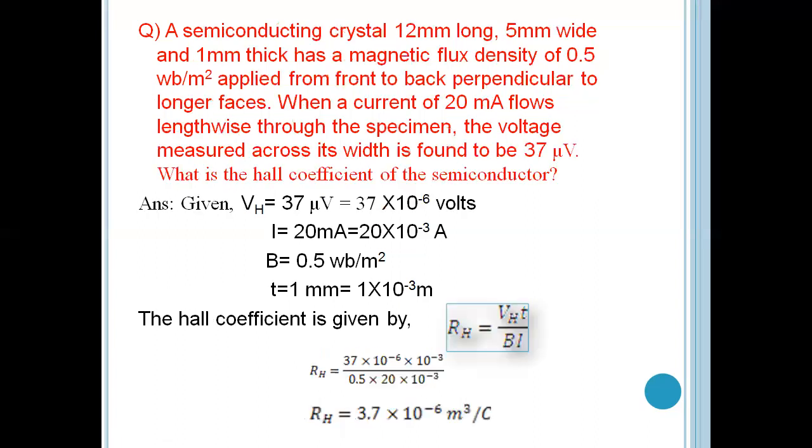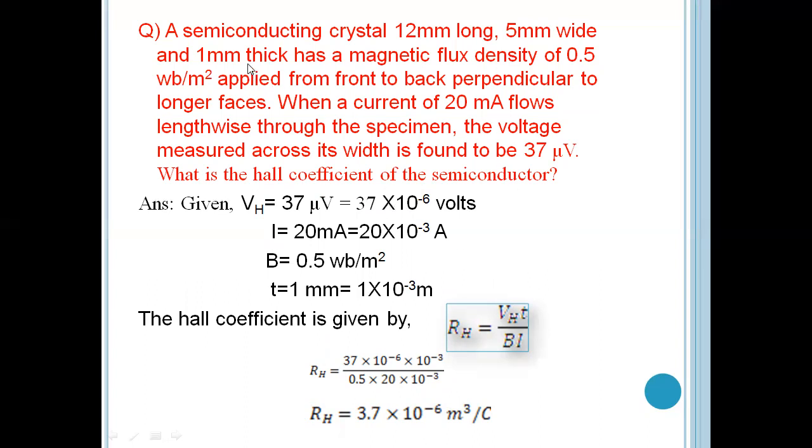Next, another type of problem where they have given the dimensions of the material and how much current is flowing, for a magnetic flux density of 0.5. They have given a Hall voltage also, that is 37 microvolts, and they ask you to find the Hall coefficient. What is the formula? R_H is equal to V_H t by B I. V_H, the Hall voltage, is 37 microvolts, that is 37 into 10 power minus 6 volts.